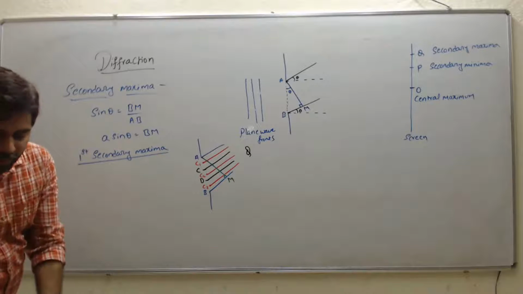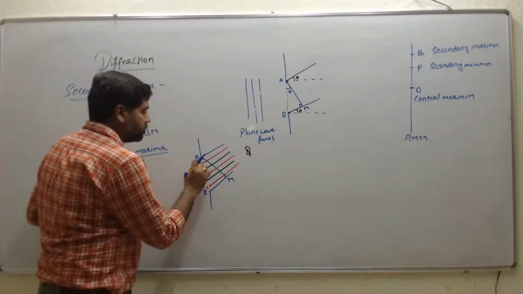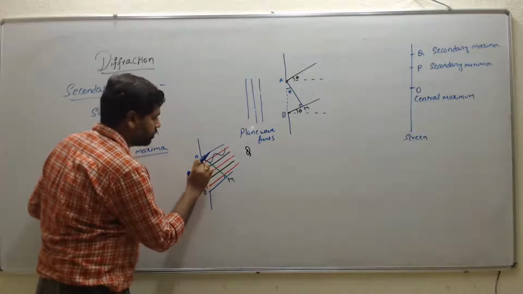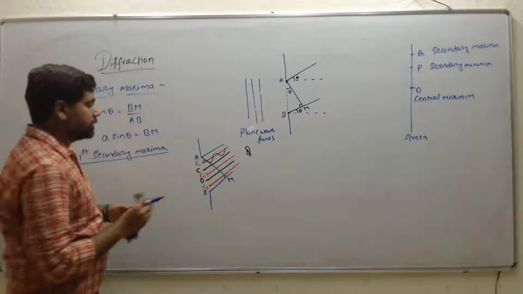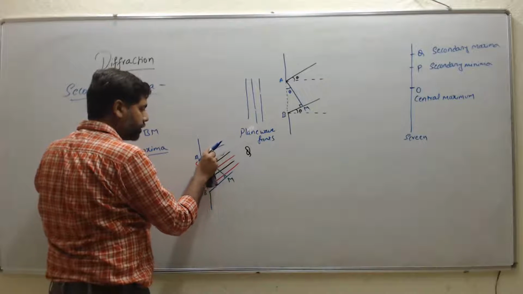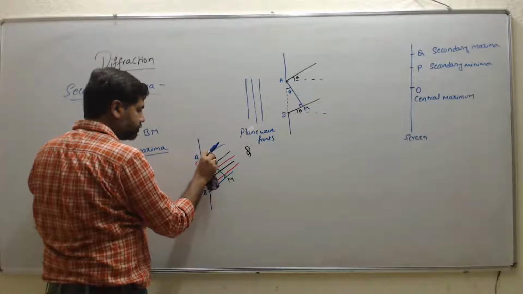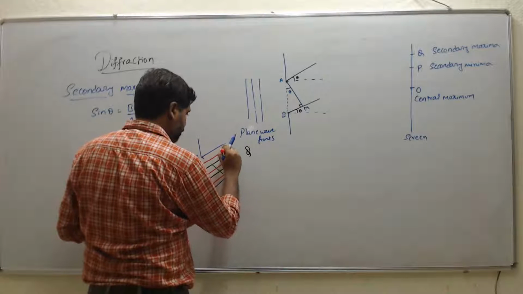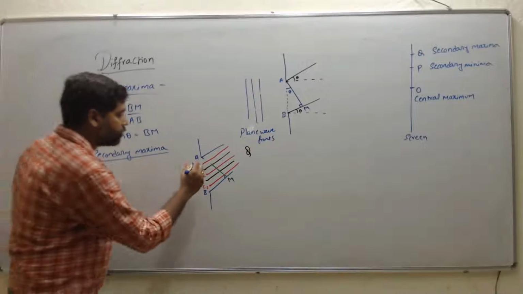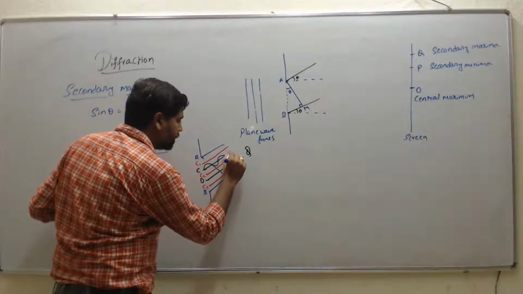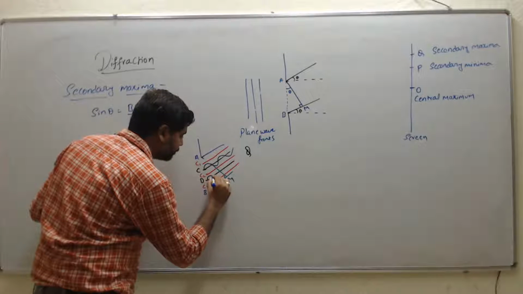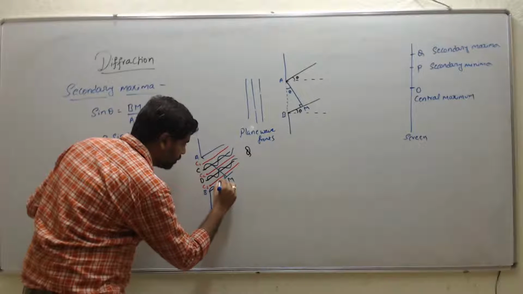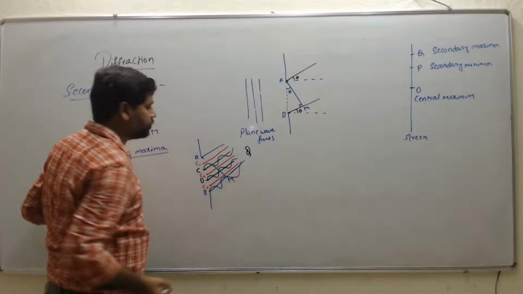Now if we draw the waves emanating from these points, from C they go like this, from D like this, and from B the waves go like this.